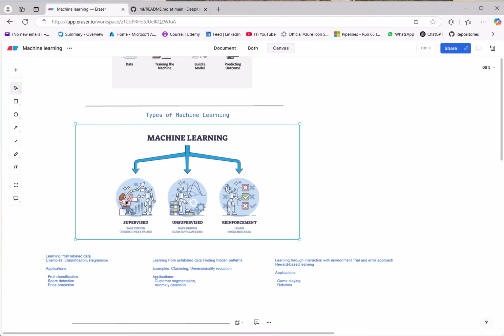Supervised learning works only if you have labeled data. For instance, in image classification, you have an input image of a cat, and you also have the class label. This tells the model to extract some features from this image and try to generalize that these features mean it's a cat.